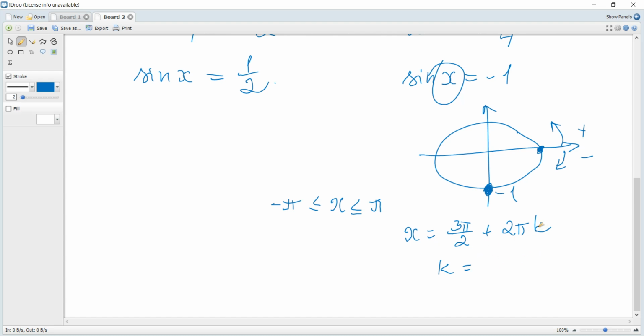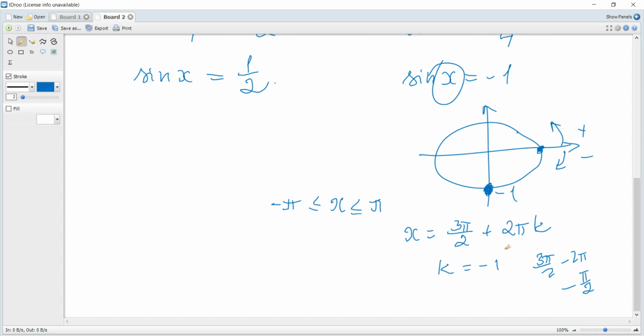When k is 0, it's 3 pi over 2, which is not from a given region, so it's not the required solution. When k is 1, 2, or more, these are definitely not required points. But when k is negative 1, you get 3 pi over 2 minus 2 pi, which is negative pi over 2, the required solution.